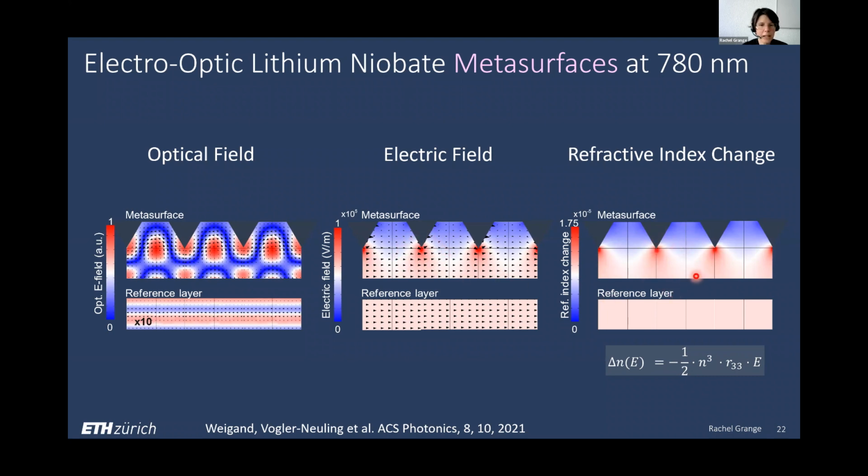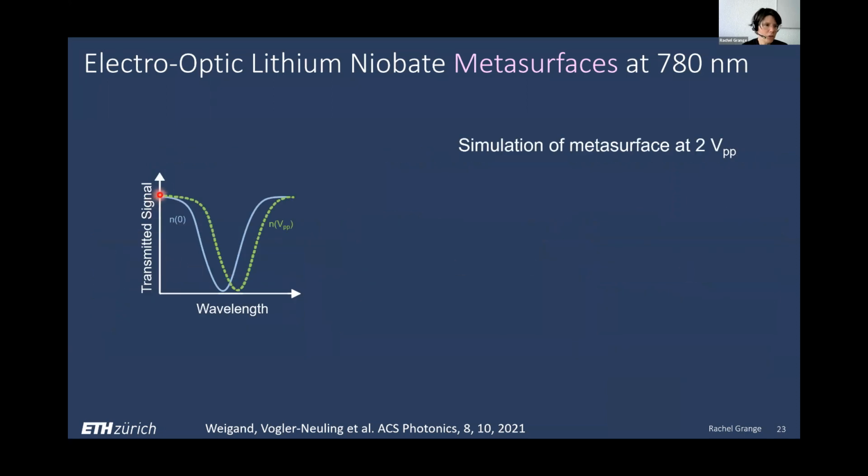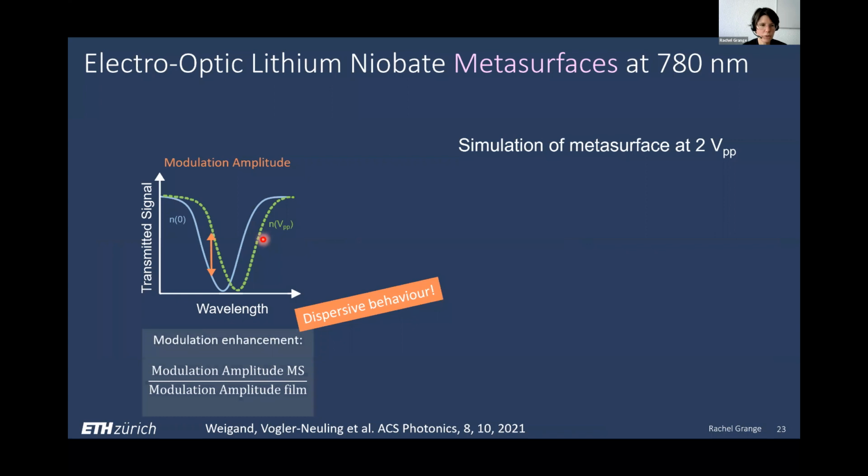really locally. Here you have first the transmitted signal simulation versus the wavelength, where we are able to change the refractive index locally by applying an electric field on the electrode I was showing you before. So we are working on the dispersive behavior of a metasurface, where we measure the modulation enhancement, which is the modulation amplitude of a metasurface divided by the modulation amplitude on a film where there is no metasurface.